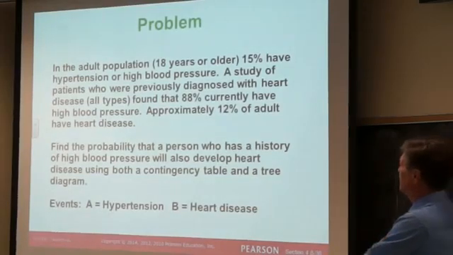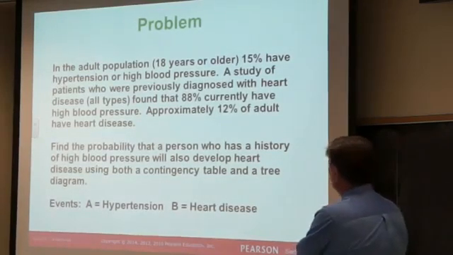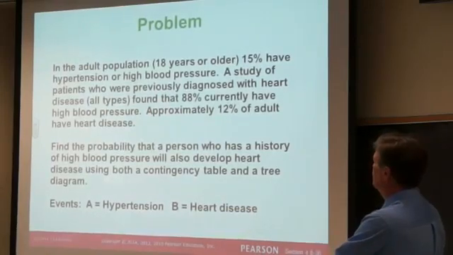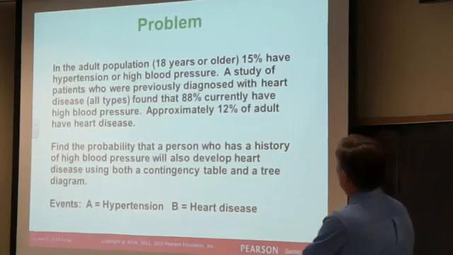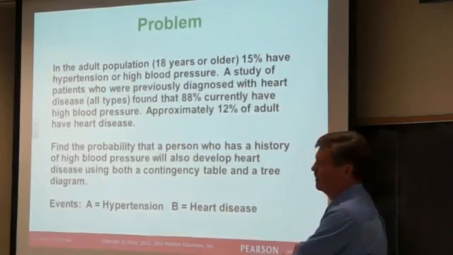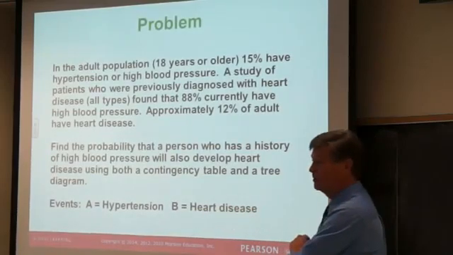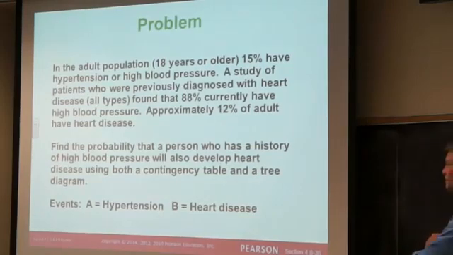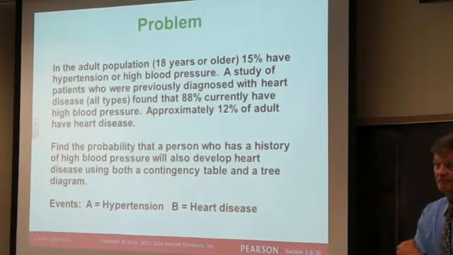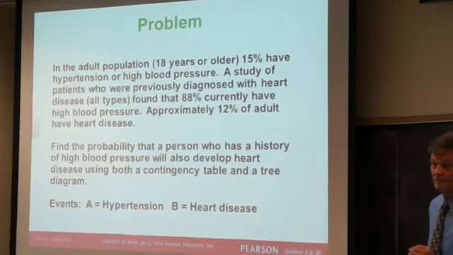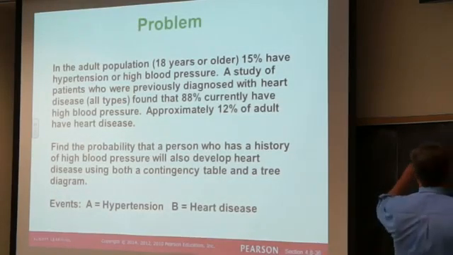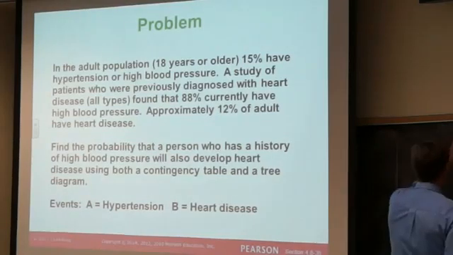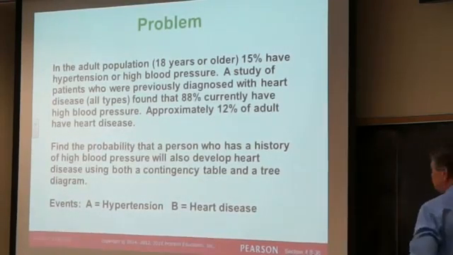That first sentence is pretty straightforward. In the adult population, 15% have hypertension or high blood pressure. Hypertension is a synonym for high blood pressure. How would I write that in probability notation? P of what equals what?